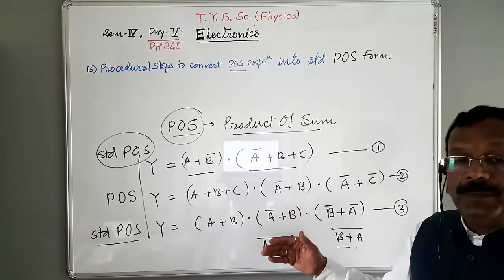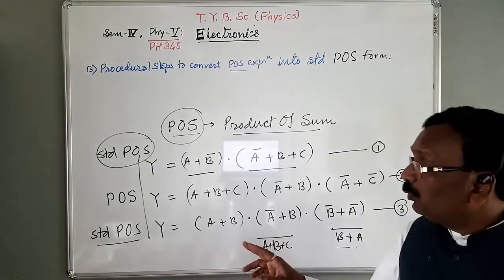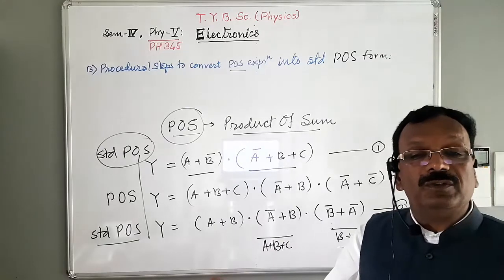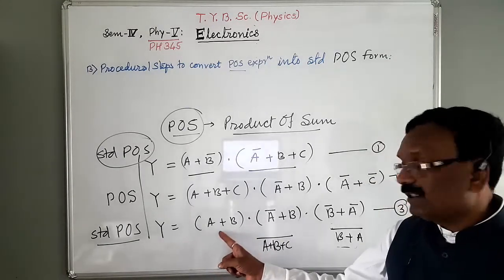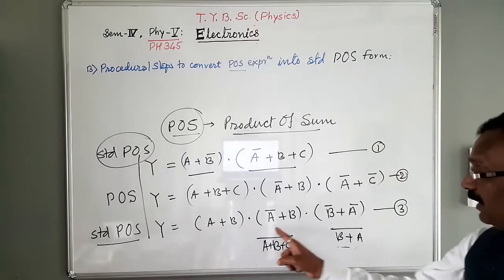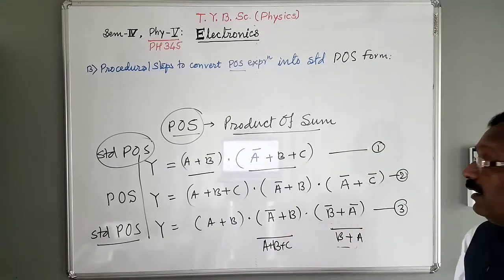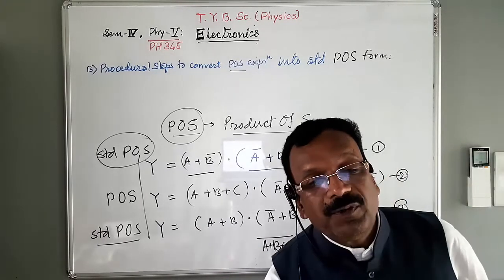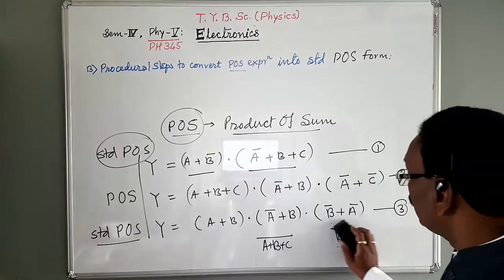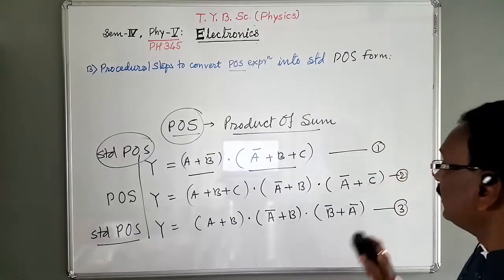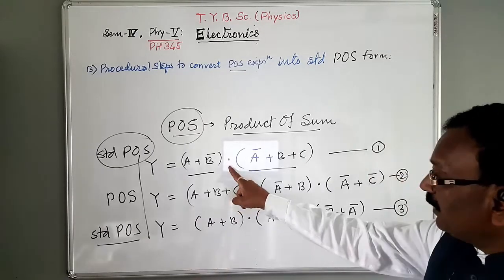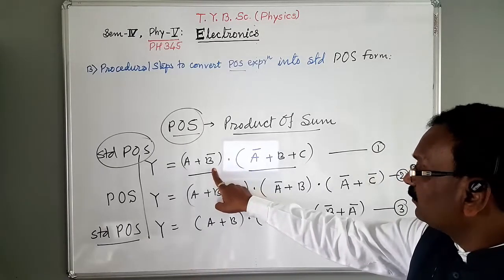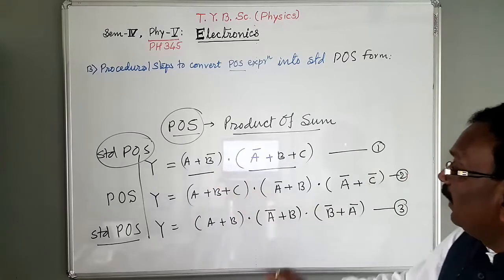Though it may be complemented or uncomplemented, every term should contain all the literals. Here two literals, A and B, and in every term there are two literals either in complemented form or in uncomplemented form. So only equation 3 is standard POS.